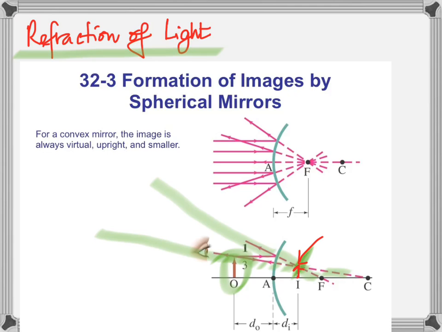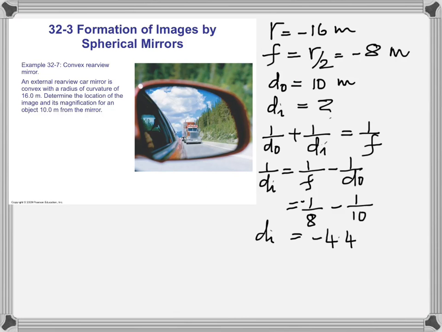Okay. No question. Again, remember, it should be taken as negative because it's a convex mirror. It's negative 1 by 8, negative 1 by 10, and do you get negative 4.4?